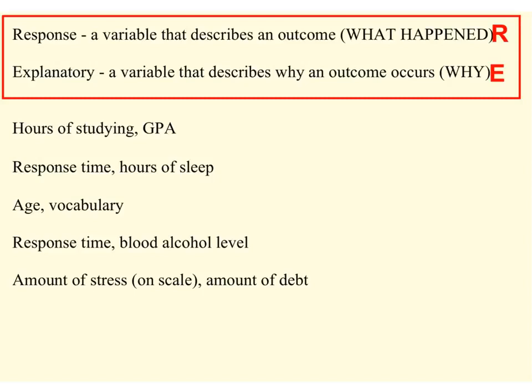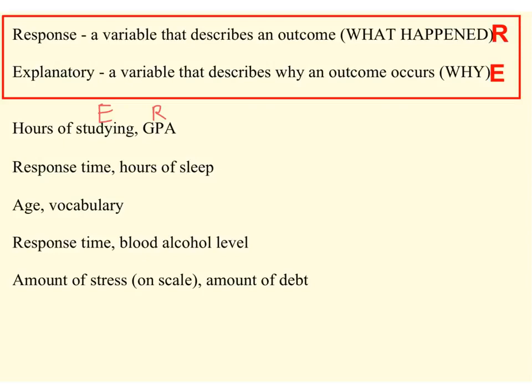So I have some examples here, and I'm just going to write an R or an E next to which one's the explanatory and response. The hours of studying and GPA. I would think, by and large, for most students, the hours of studying would explain the GPA. So the hours of studying would be explanatory, and the GPA would be the response.